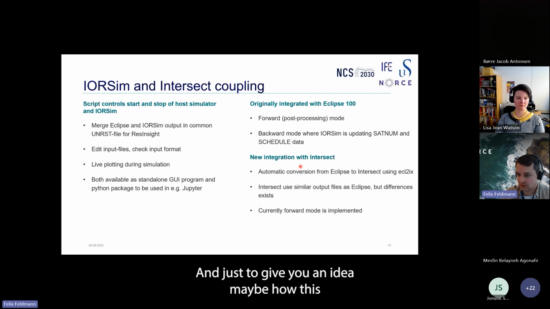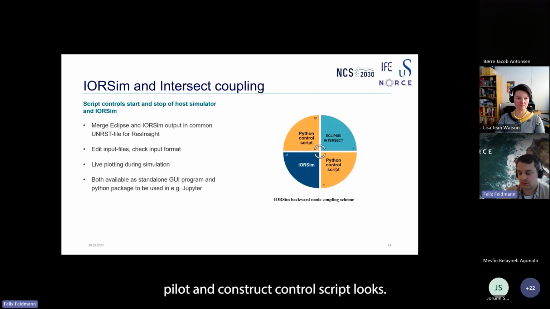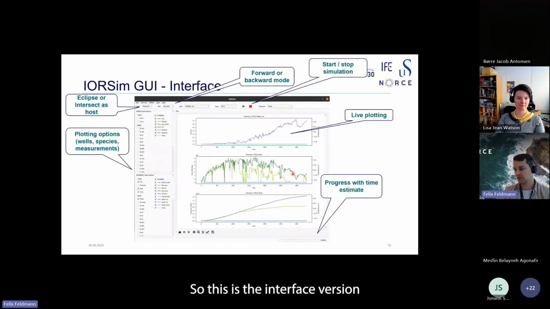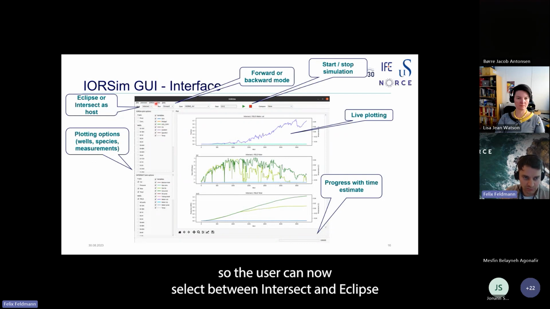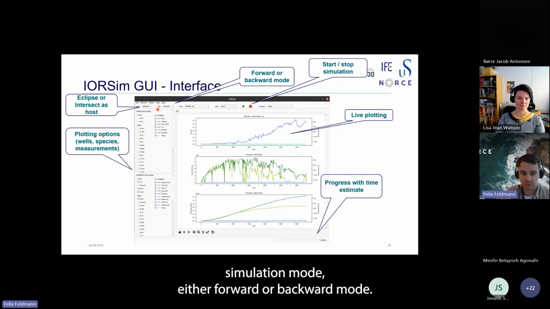And just to give you an idea of how this Python control script looks, I have a slide here. So this is the interface version. The user can now select between Intersect and Eclipse, and the IORSim simulation mode, either forward or backward mode.